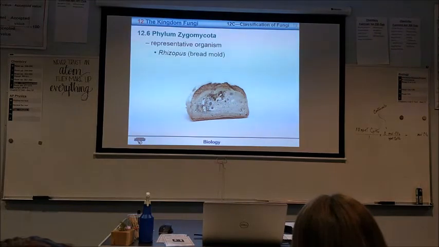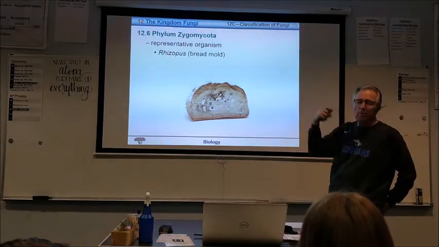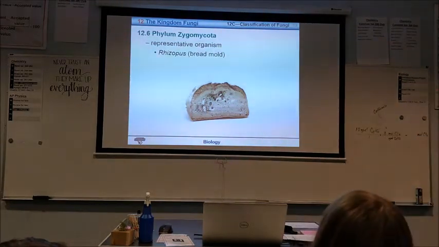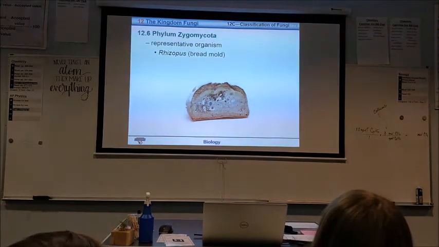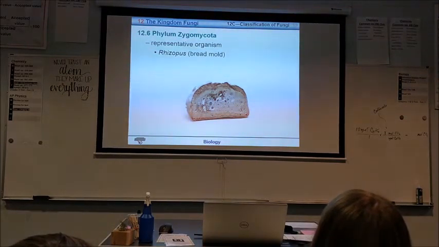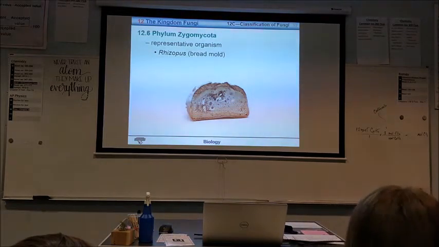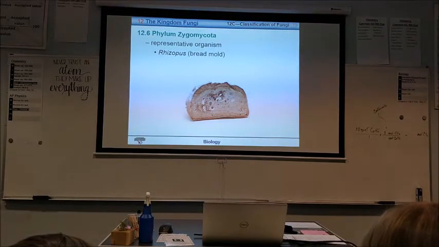The name for bread mold is Rhizopus, and that's its genus name, and then it'll have something after it. There's one kind of bread mold that's black, so it would be Rhizopus nigricans. They have different colors, but in general, bread mold is Rhizopus.